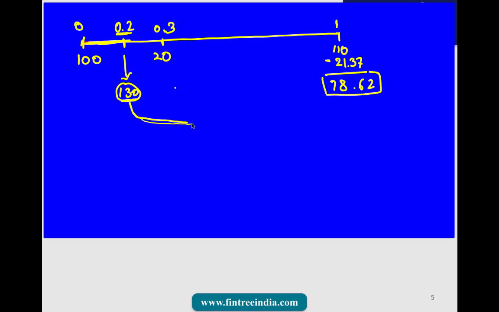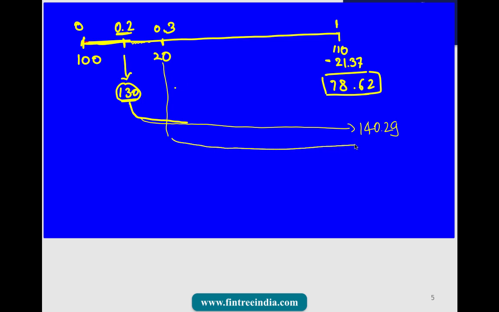So taking the 130 forwards, that will come out to be second clear TVM, 130 is the present value, 0.8 would be the N, 10 would be IY, compute future value, that will give us 140.29. Now once we have this, what we also know is that there is an amount of dividend which is going to come 0.1 years from now, and that till maturity the distance is 0.7 years.